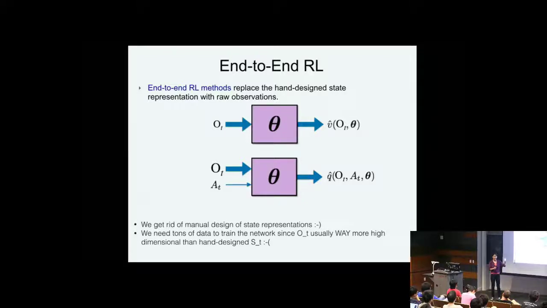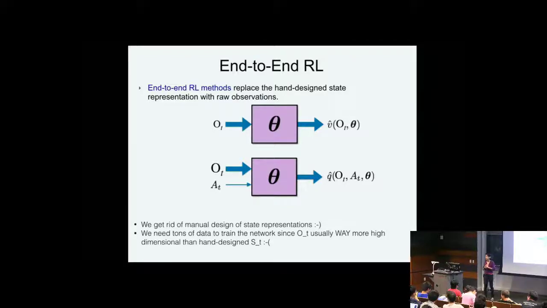Is this clear? And this is often known as end-to-end reinforcement learning, because it doesn't require an engineer to take the sensory input and distill it into some hand-designed ST, state representation. Rather, we learn all the way from sensory input to our value functions and policies. And we'll get to this point soon again. Does this make sense?